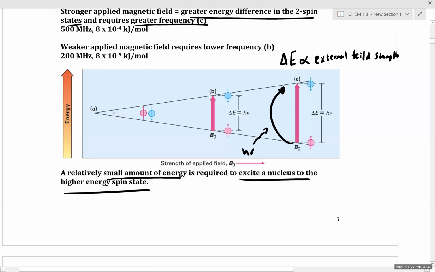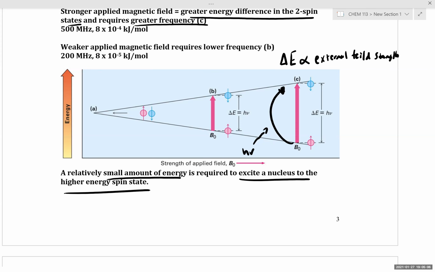And we need a strong field in order to tune this energy difference so that it's in a reasonably observable range. Does that make sense to everyone? So it doesn't take much energy to promote a nucleus to the higher energy spin state. And we can measure the frequency of light absorbed by our sample in order to get a sense of this difference in energy.